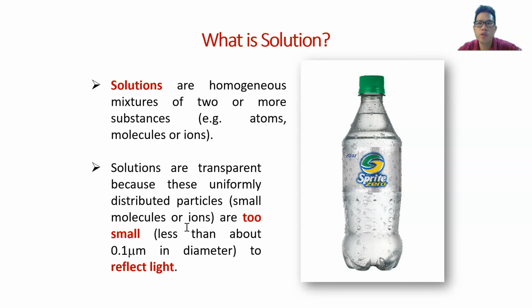But if you are using something bigger, like proteins, depending on the concentration you might get some reflection of light and may not see a transparent solution. Some transparent solutions still have color because they contain color molecules, which absorb light. That's why they have a certain color.